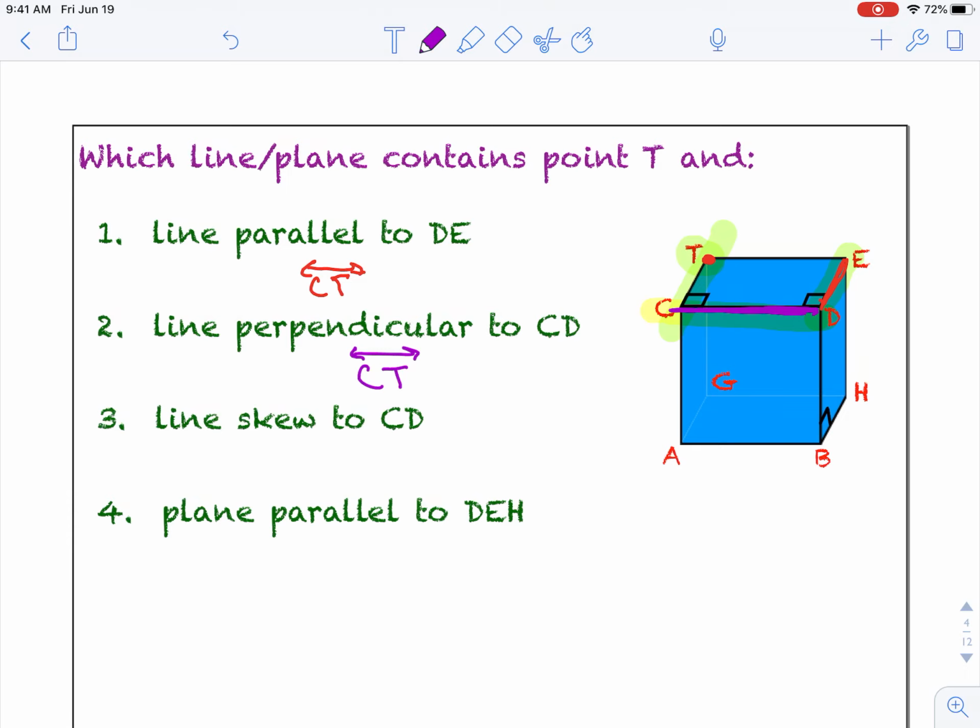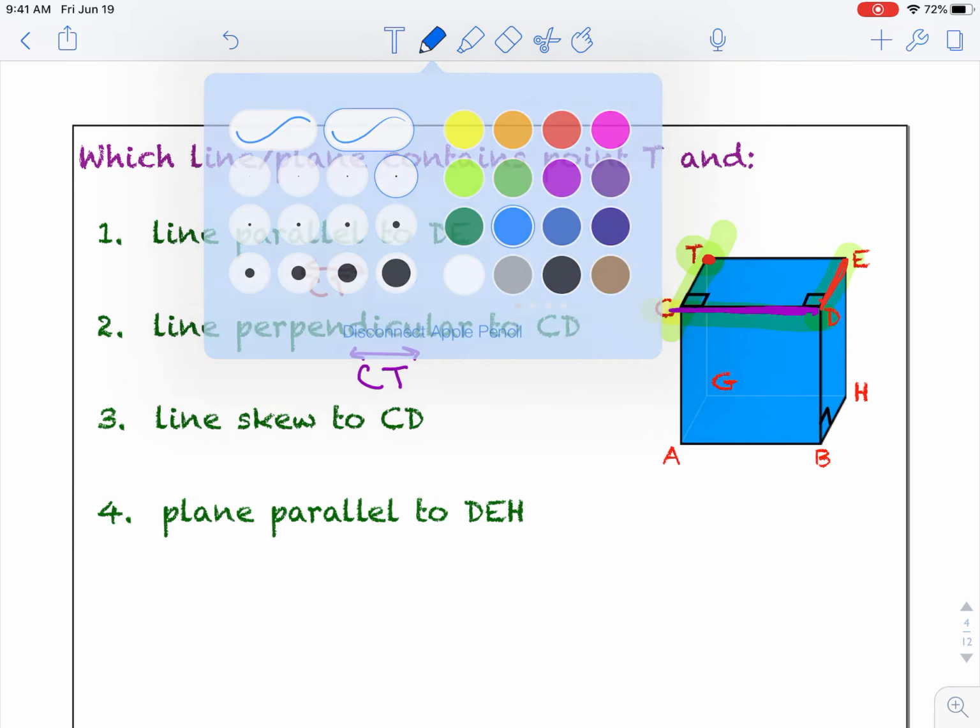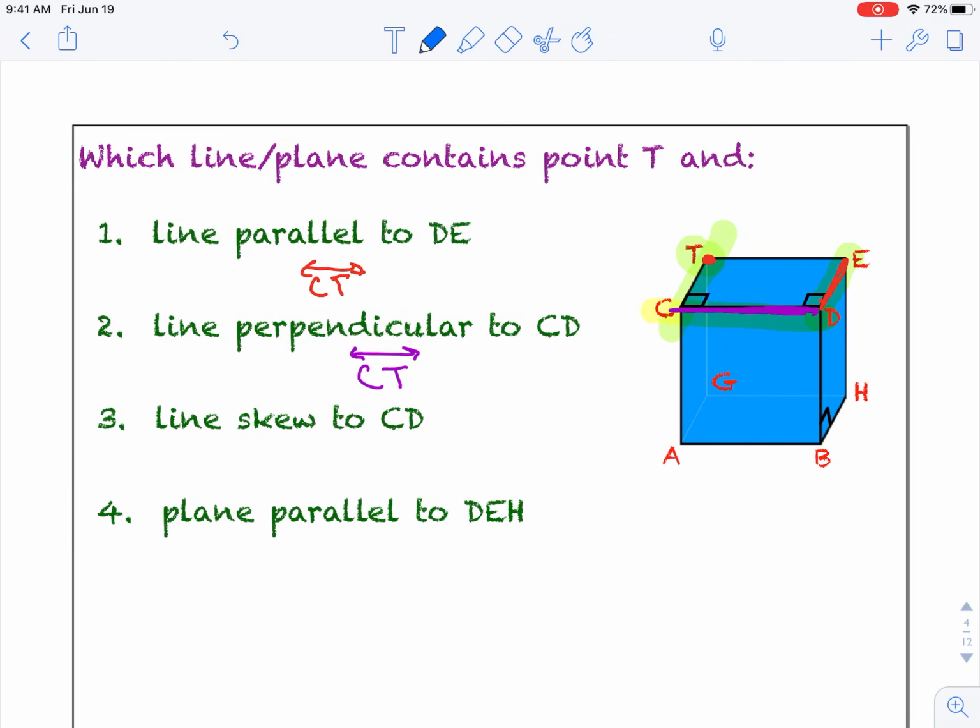Now let's talk about a line skew to CD. Here is our CD right here. A line that's skew to it that also contains point T would be that back corner or edge behind. So that would be line TG right there.